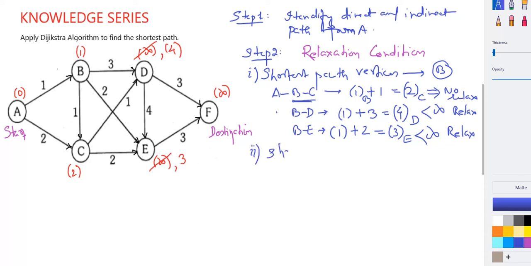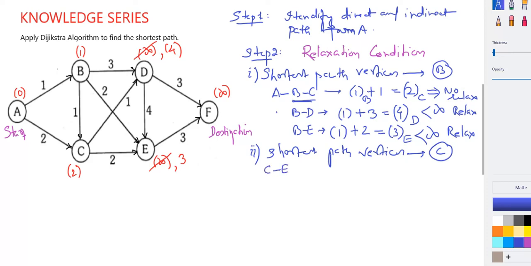So we go with the next smallest weight. The shortest path vertex with respect to smallest weight is C. Now here we consider from C, two links are emerging out, one to E and another to D. So we write it as CE.